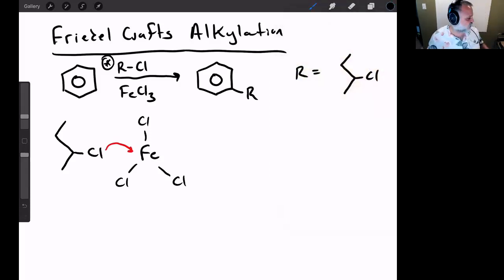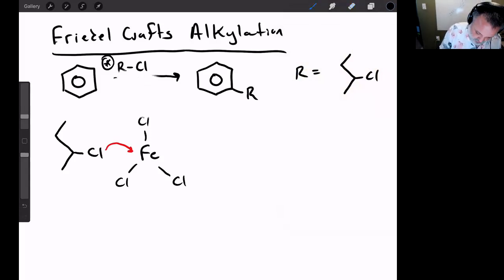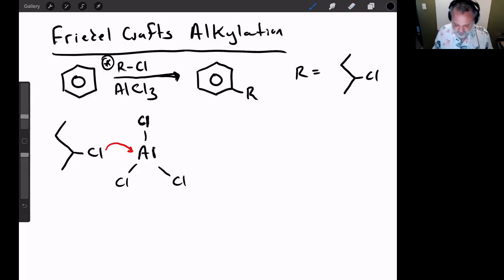Oh, you know what? I think I wrote down iron. I think it is actually aluminum. Let me just double check. Yeah, that wasn't making any sense to me. Yep, it is aluminum trichloride. So let's just erase this iron and put an aluminum here. Okay, this makes a little bit more sense now.